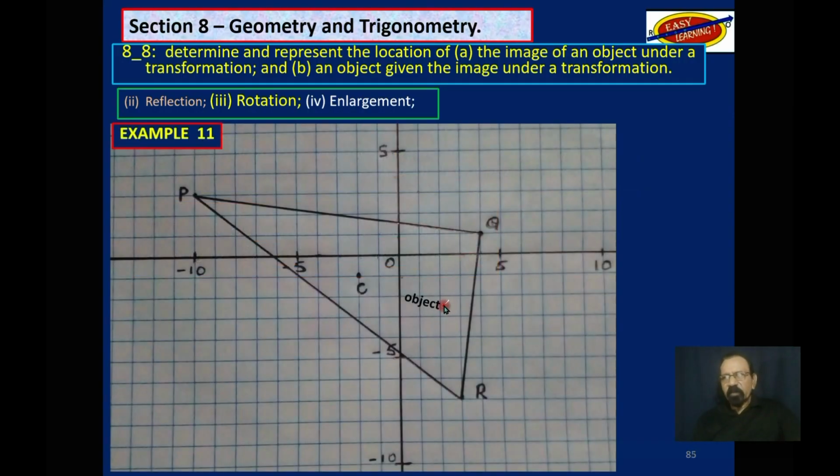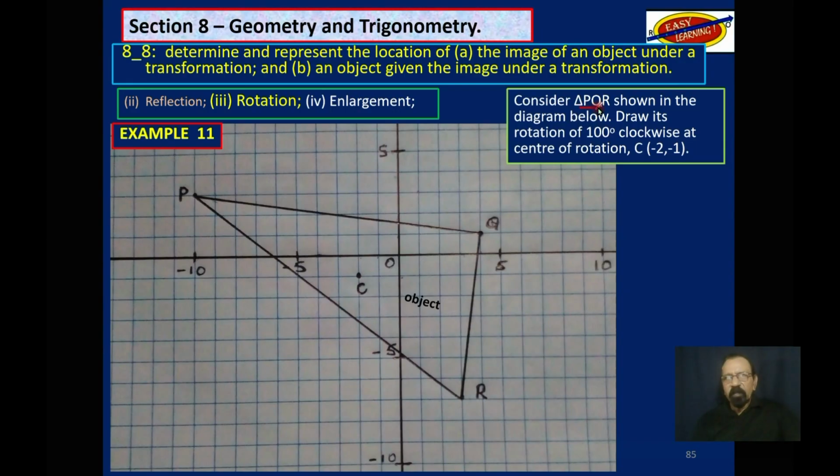So let's consider this one. This is the triangle. We are going to draw its rotation of 100 degrees clockwise at the center of rotation C. Okay, so this is how you write it in notation form. Well, we will do the same thing that we were doing, except now this center of rotation is in this object.